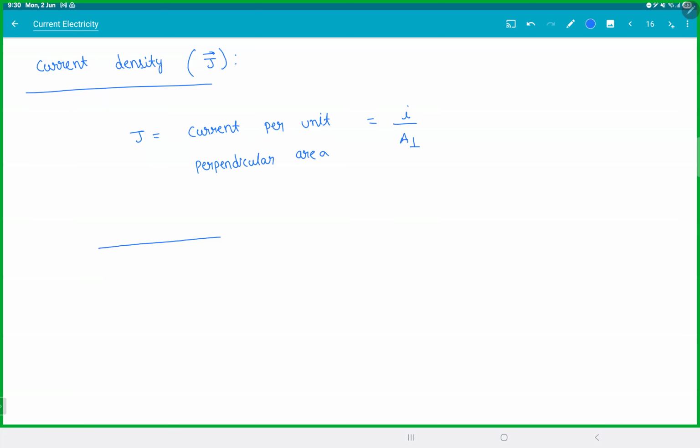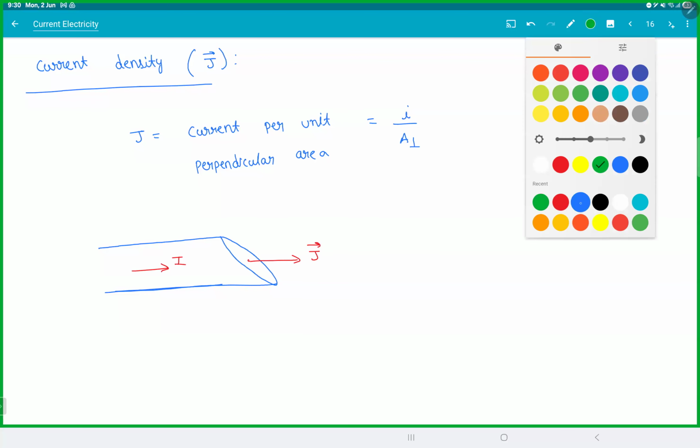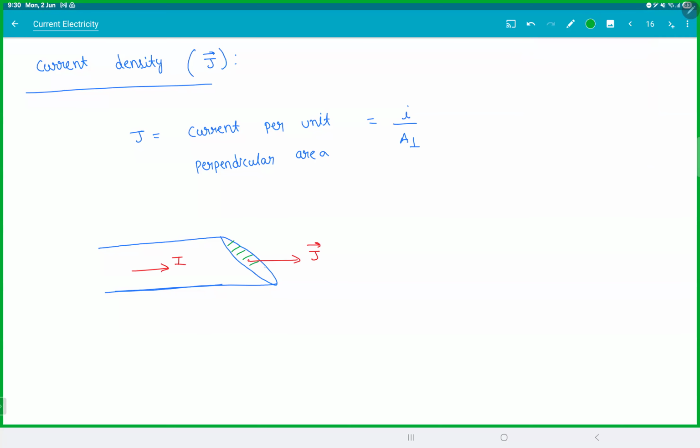Let me put it in a better way. Even though current behaves like a scalar, current density is a vector. If this is your current, J bar is the current density. This is your area vector.